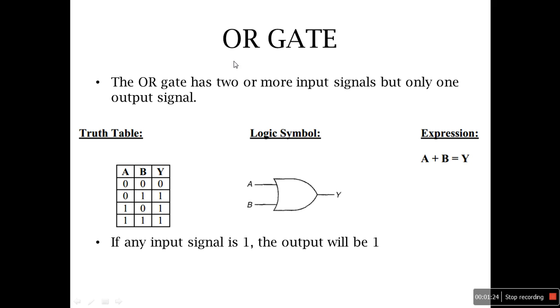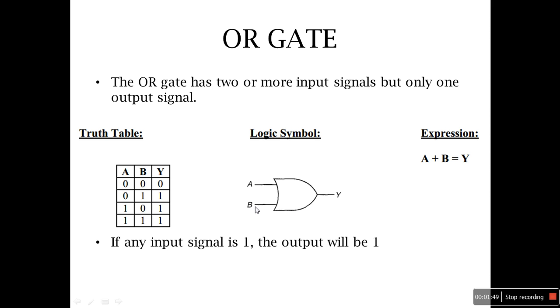The next gate we are looking into is the OR gate. The OR gate, again, has the capacity of taking two or more inputs and produces one output. It will produce the output as 1 even if only one of its inputs is 1. If all inputs are 0, it will produce the output as 0.